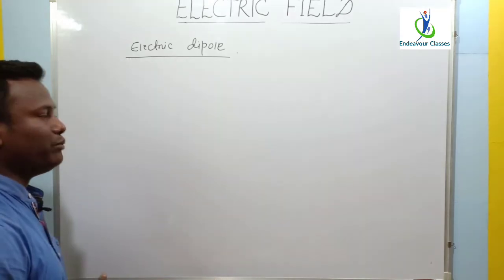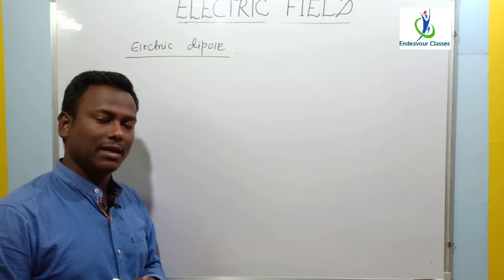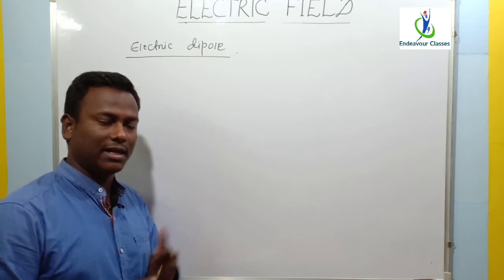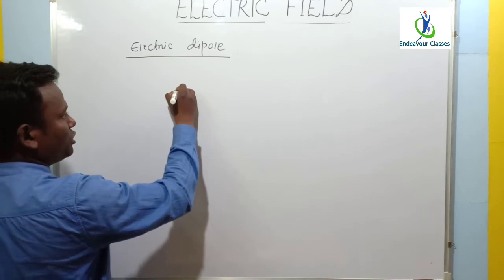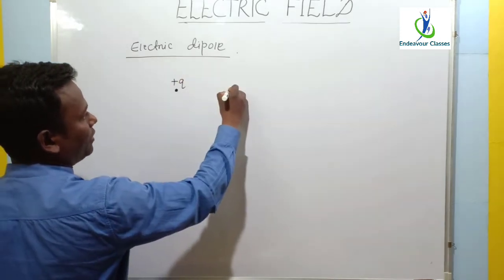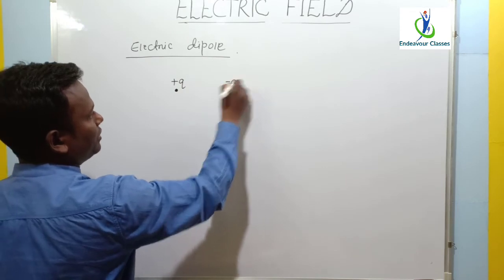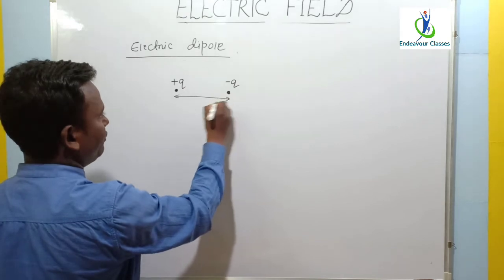The electric dipole refers to two equal and opposite charges separated by a small or finite distance. So suppose this is plus q and there is minus q. These are two equal and opposite charges, separated by a finite distance.